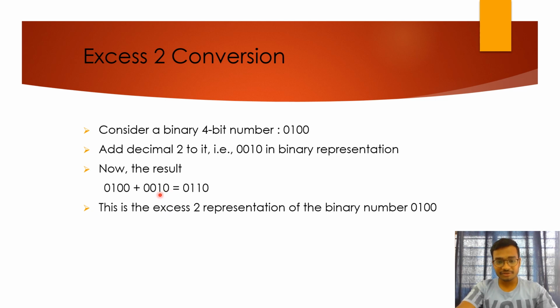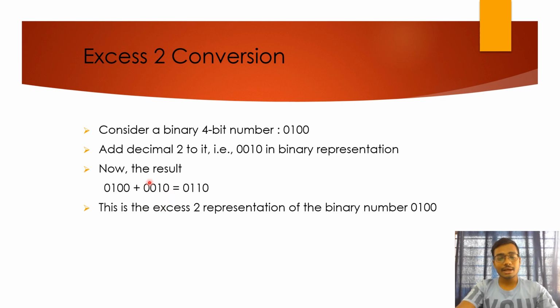This is the least significant bit and this is the most significant bit in this binary number, and here also the same. The index values we can take from 0 to n minus 1, that is the 0th index, first index, second index, and third index.